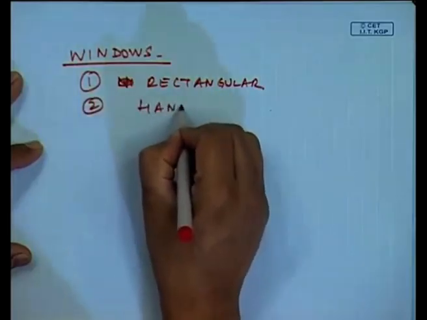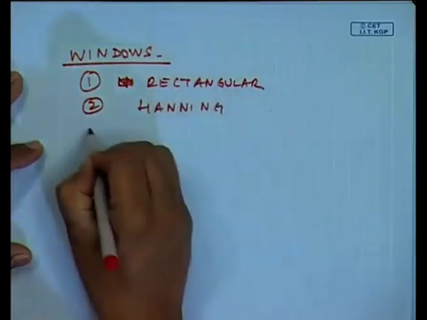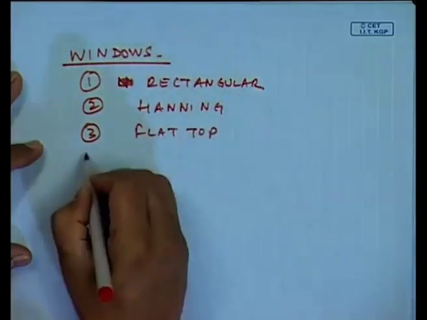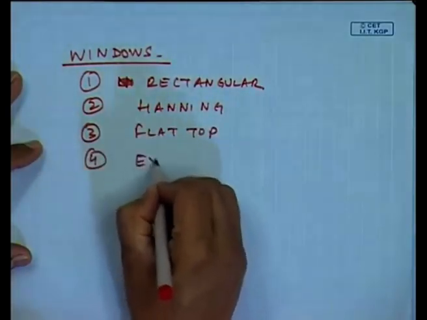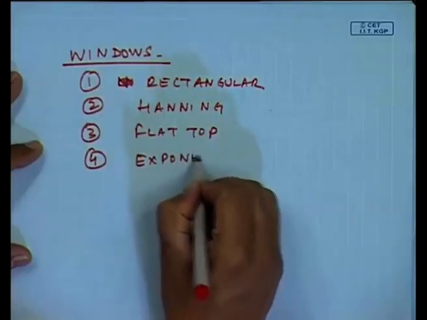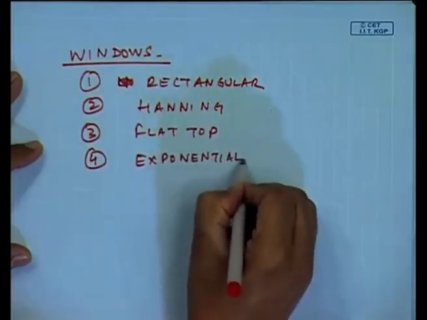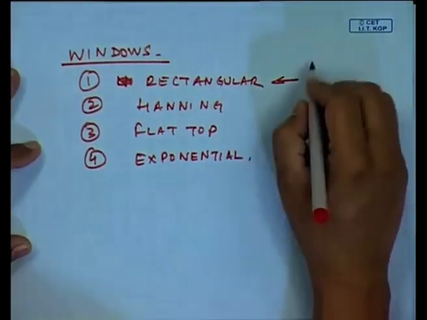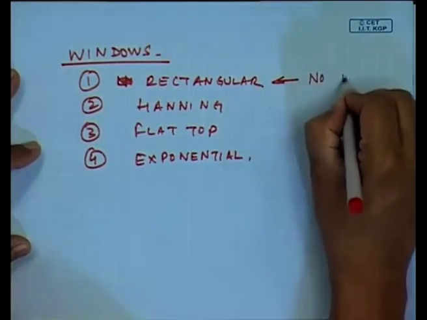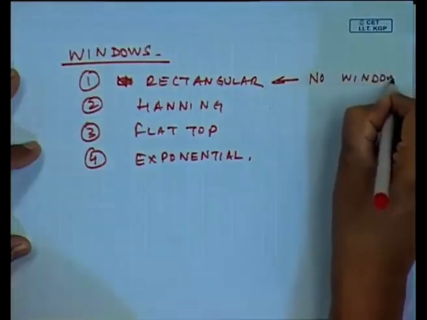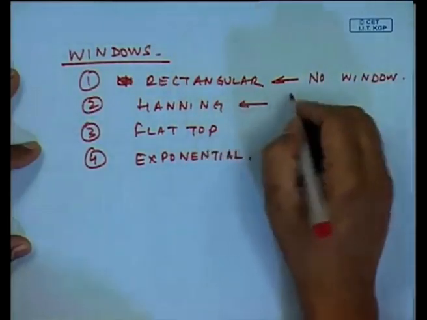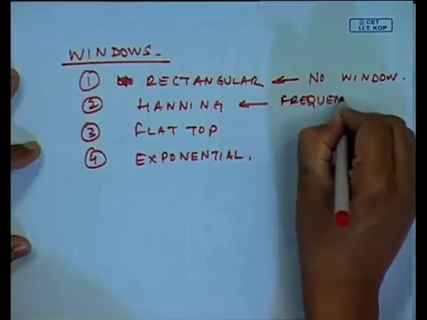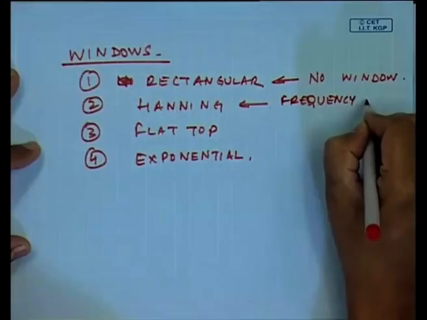Hanning is another very popular window, and this is a flat top. Then there is an exponential window. Rectangular window is actually no window, it is just a rectangular function, and this is for good frequency estimation of periodic signals.